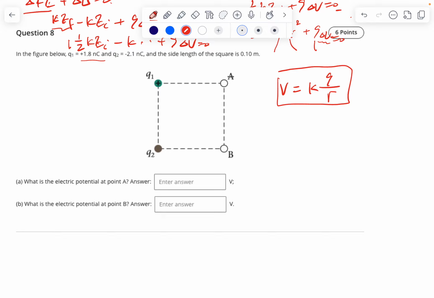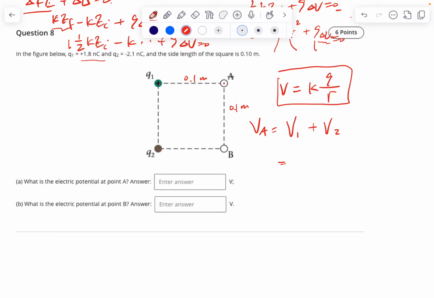All right, so you have Q1, Q2 here. And what is the electric potential at A? The electric potential at A equals the electric potential at A due to Q1 plus due to Q2. Just the superposition, just add them together. And the side here is 0.1 meter.